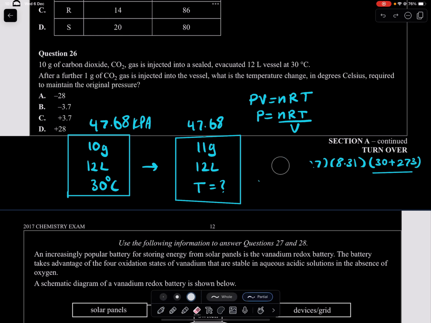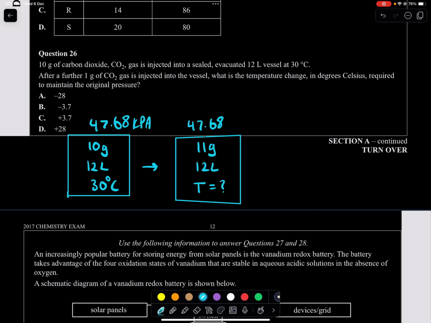Now let's calculate the change in temperature. Let me just rub this off. And again, using PV=nRT, we want to calculate the temperature. So temperature is going to be PV over nR, which is what? Temperature is pressure, which is 47.68, times your volume, which is still 12 liters, divided by the n value.